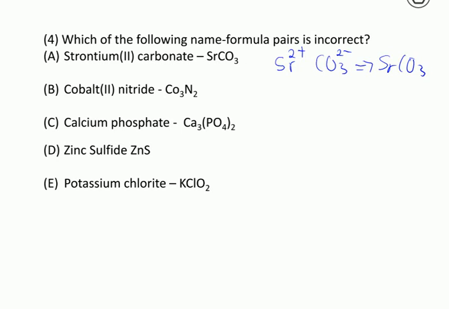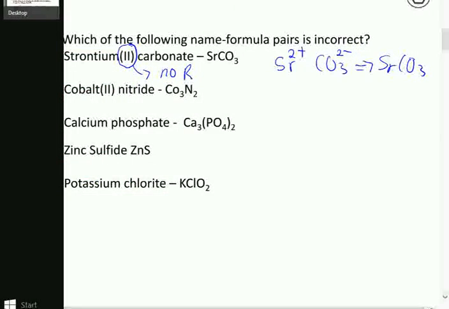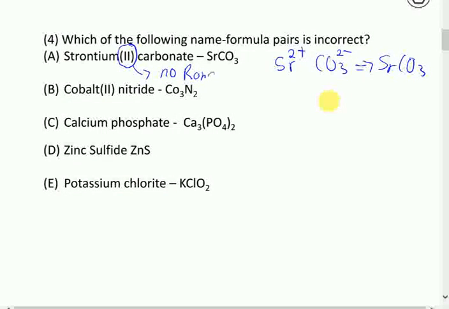So if you're just naming an ionic compound, you just keep the ATE ending. The problem with this name, though, is that we have this Roman numeral 2. And remember, we don't use Roman numerals for main group metals. All right, so strontium is in the second column of the periodic table. Let me finish writing what I was going to say. So no Roman numerals.